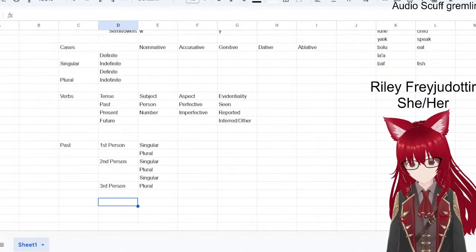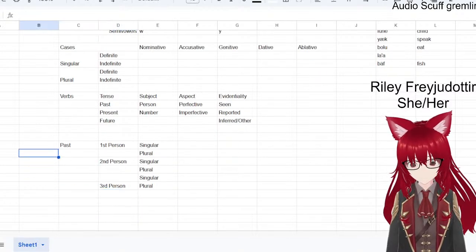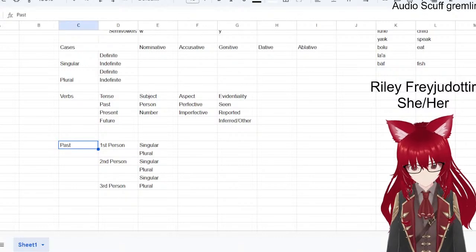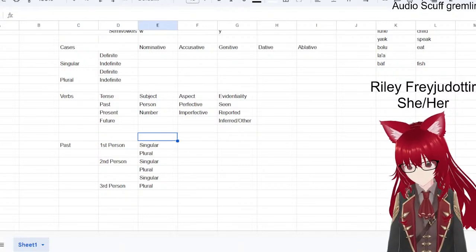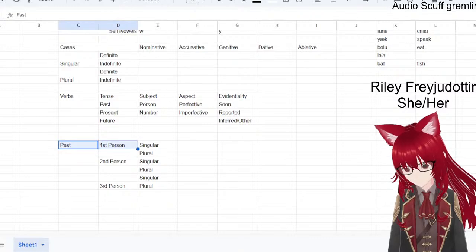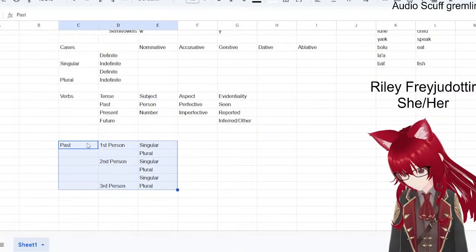You can see that this is going to give us a very large number of different conjugations for every verb, so I'm going to make a quick table.